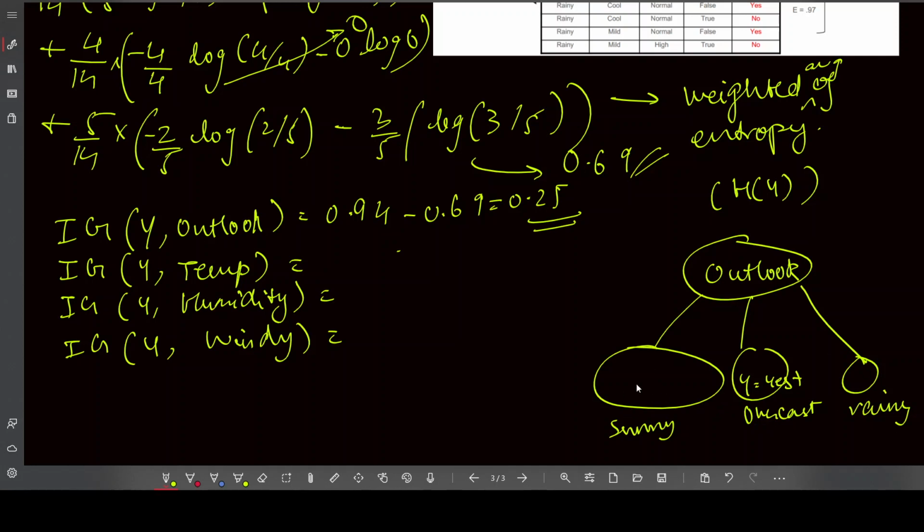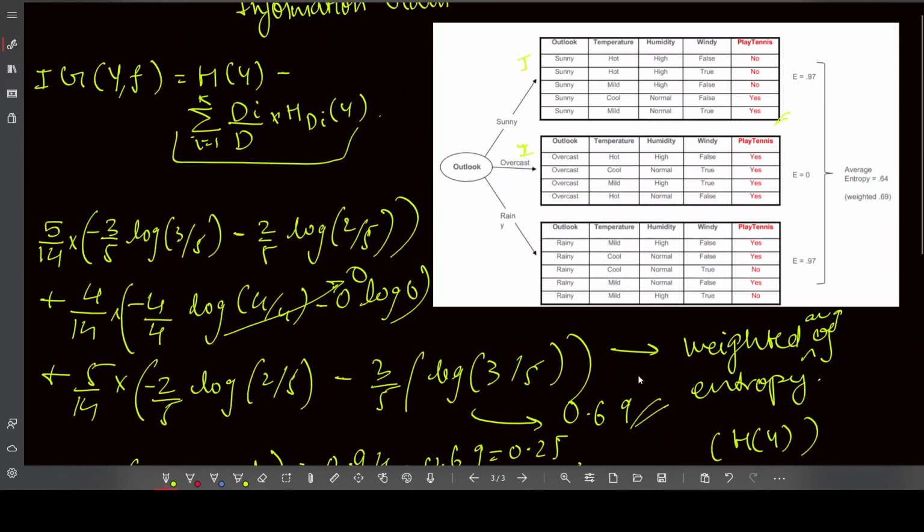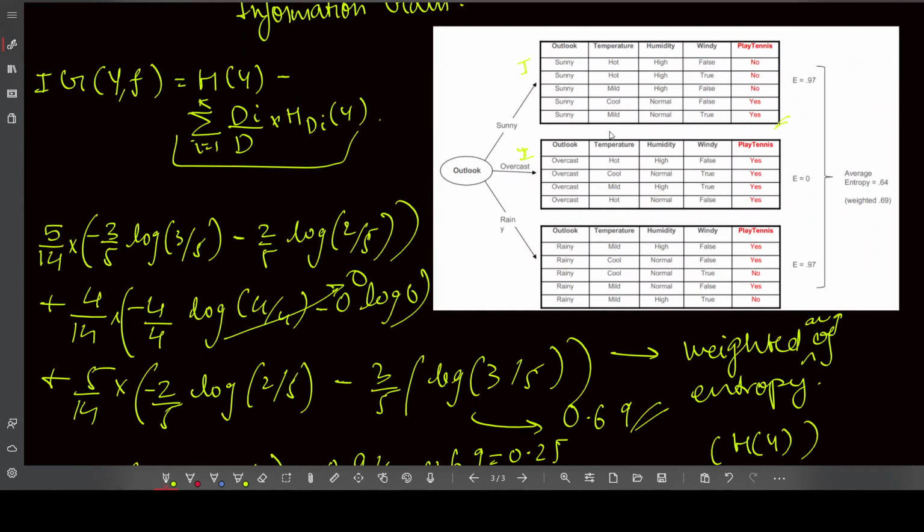So when you build the decision tree from sunny and rainy, again, you have to follow the same process. Now my H of y becomes 0.25. Instead of previously I had 0.94, now it's 0.25.